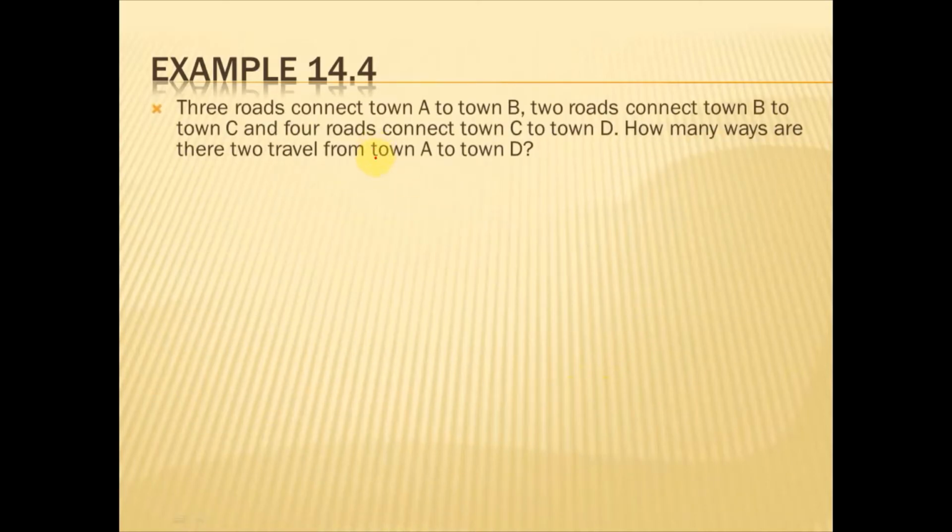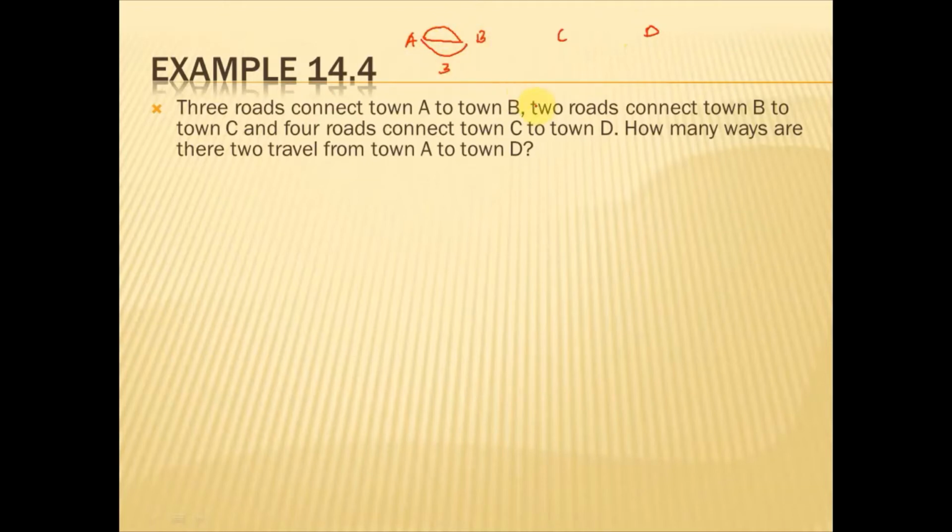There are 3 roads connecting A to B, 2 roads connecting B to C, and 4 roads connecting C to D. How many ways to travel from A to D, such that they must go through B and C? So here is town A, town B, town C, town D. From A to B there are 3 roads, 1, 2, 3.